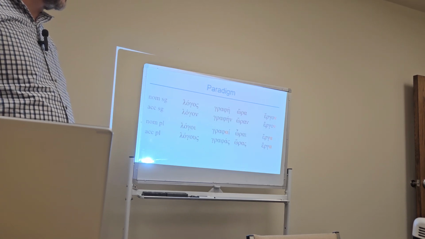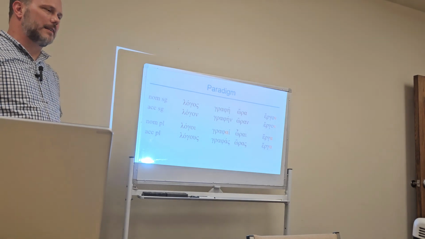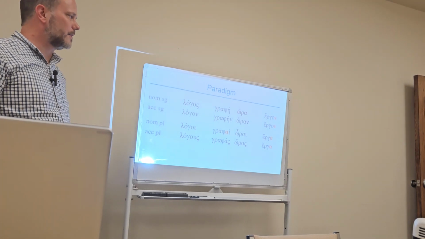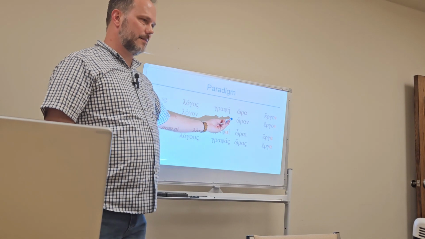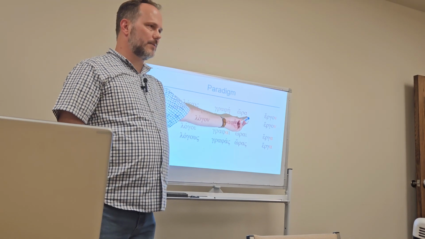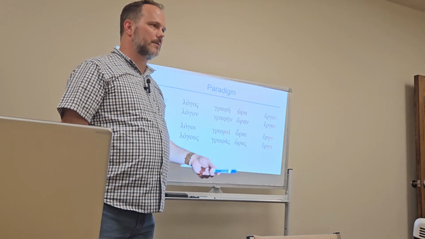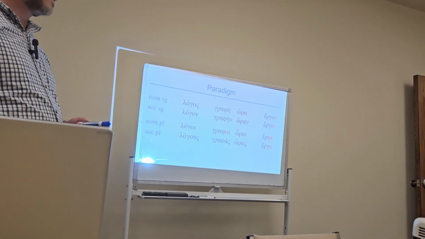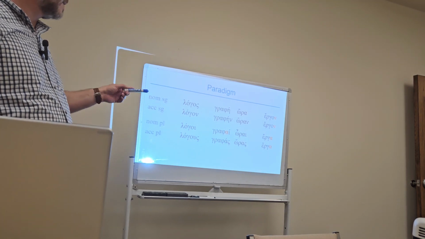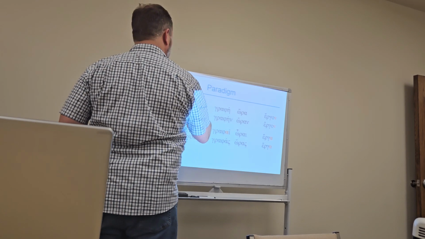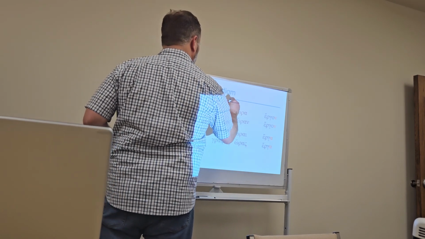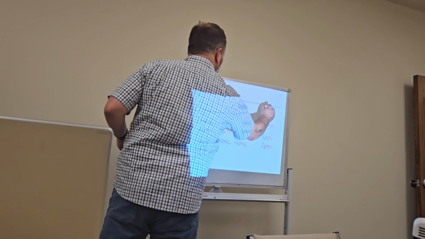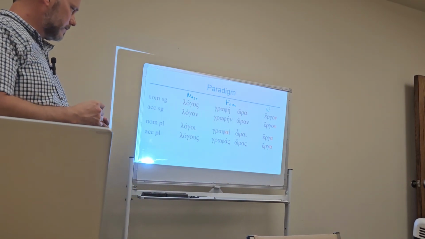Okay. There we go. Now we have the endings with actual words. So here, graphe ends with an eta. Hora ends with an alpha. So now we get to see those two in play. This is masculine, feminine, neuter.